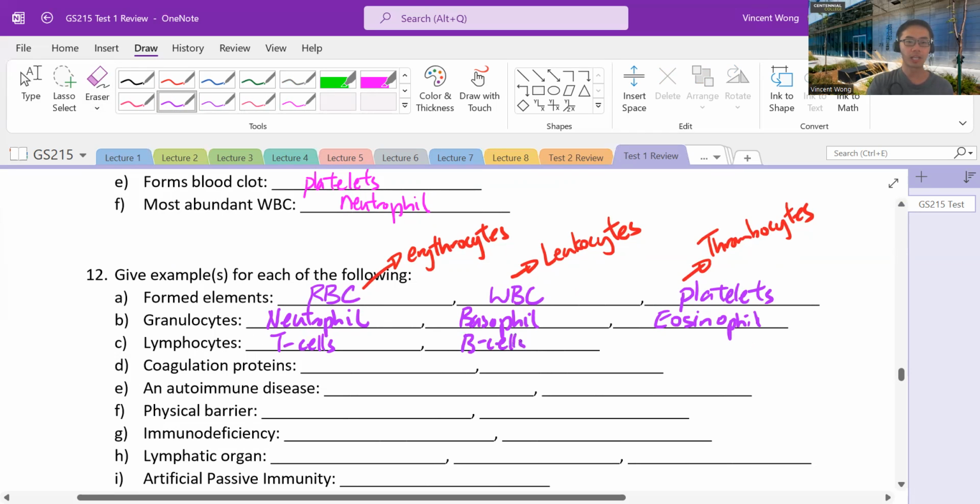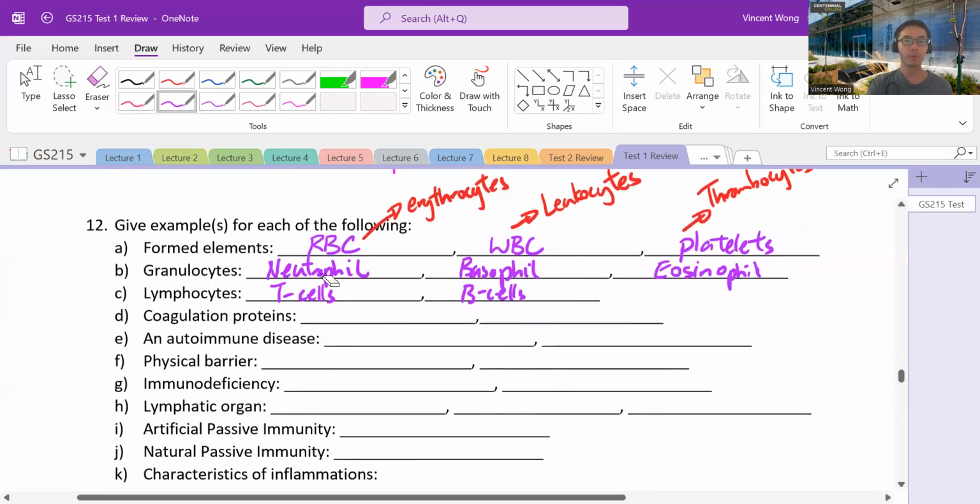And of course, there are different types, right? The different effectors that we could get. Coagulation proteins, we mentioned earlier, there is prothrombin, there is fibrinogen. These are just some examples that we did. By no means are these the only examples, right?